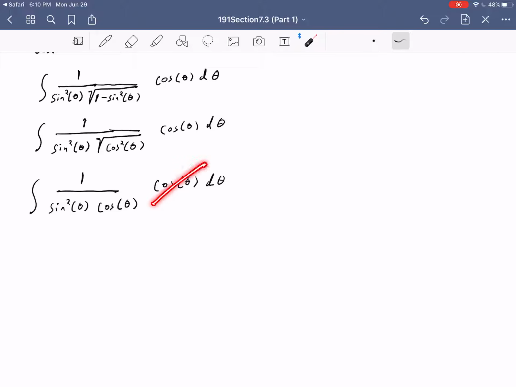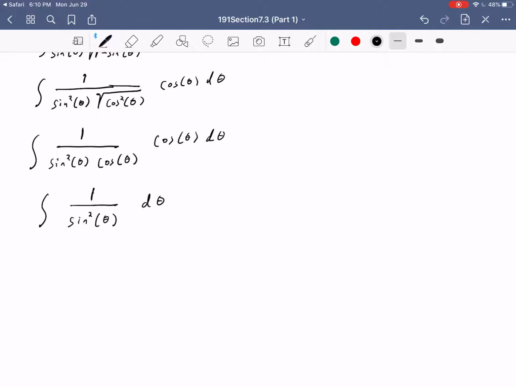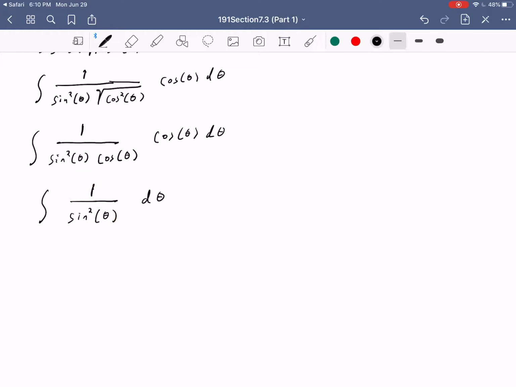So notice that this cosine theta and this cosine theta can cancel. And we now have the integral of 1 over sine squared theta d theta. Now, we're not particularly thrilled by having a trigonometric function in the denominator, so why don't we rewrite this as a different trigonometric function? We can actually rewrite this as cosecant squared d theta.